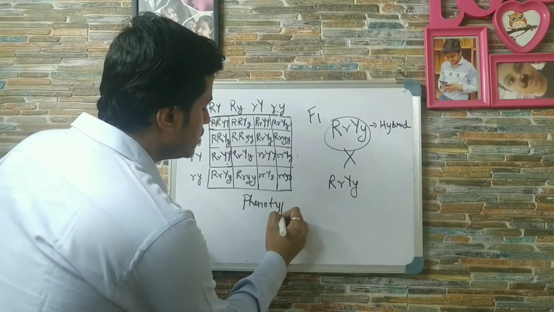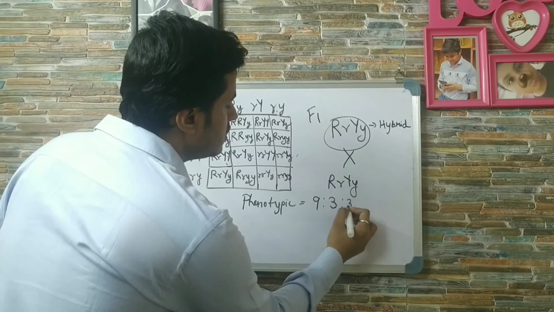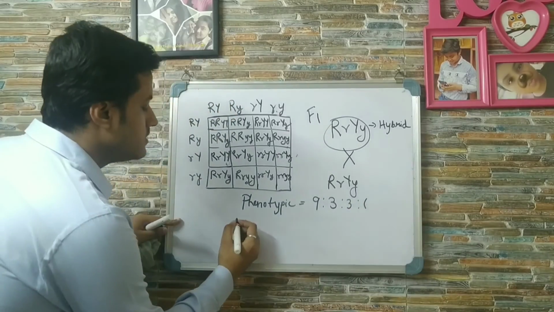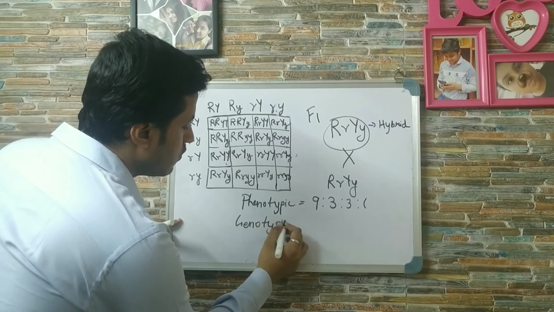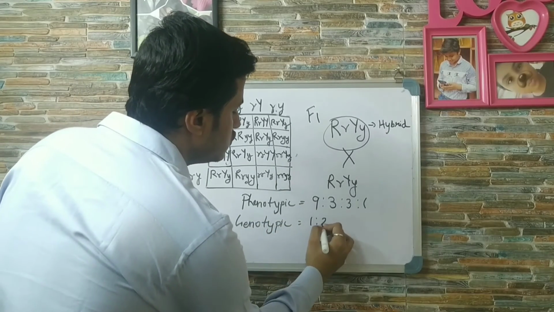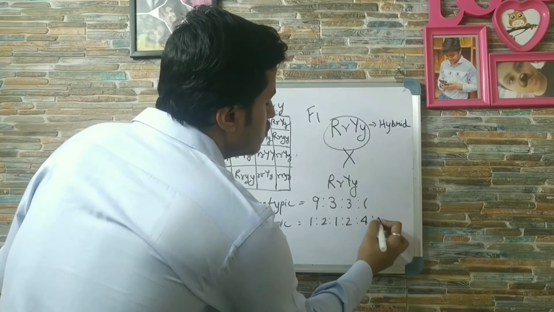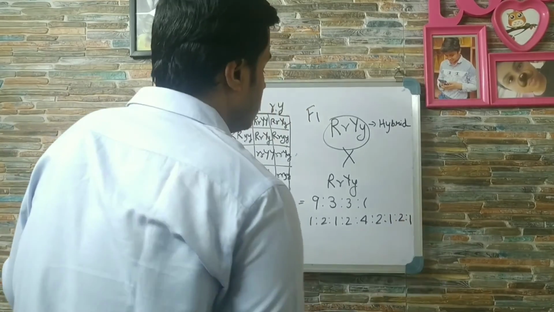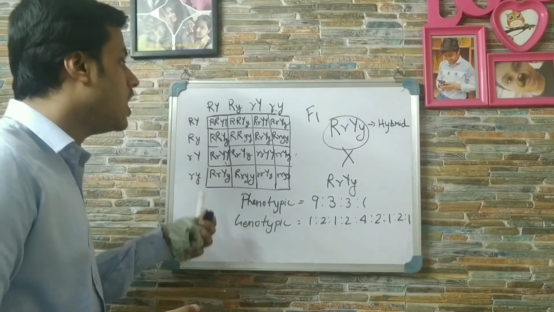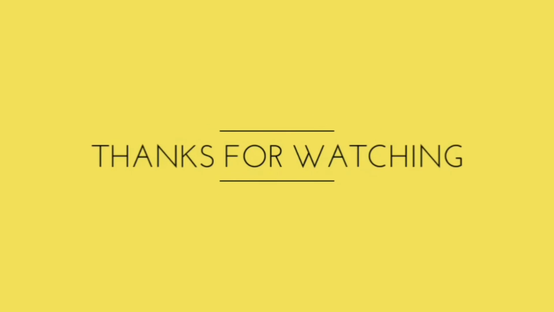The phenotypic ratio of this will be 9:3:3:1. And similarly, the genotype will be 1:2:1:2:4:2:1:2:1. So this is our dihybrid cross and the corresponding dihybrid ratio.